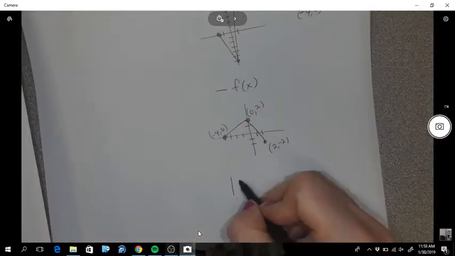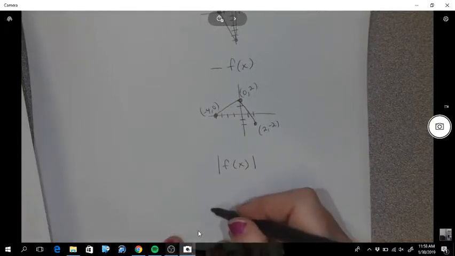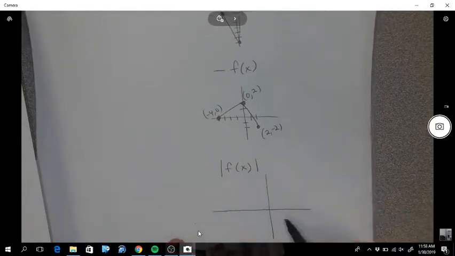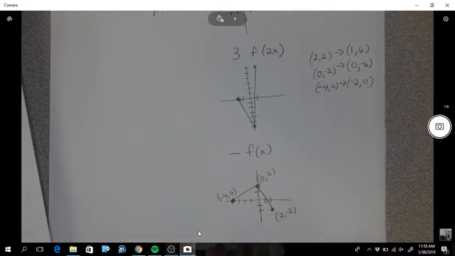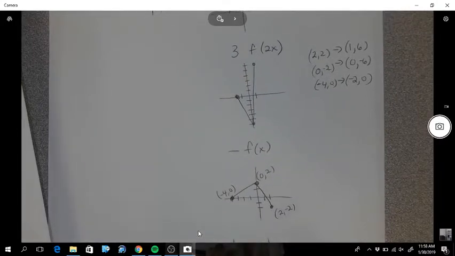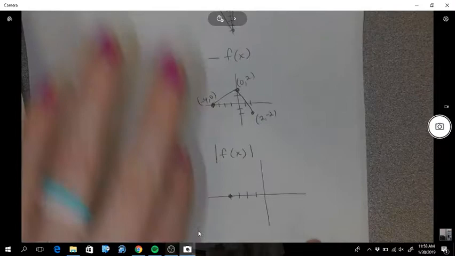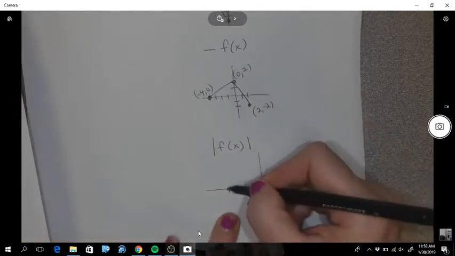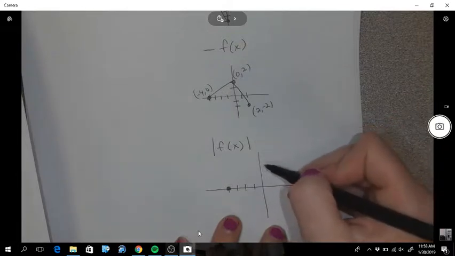And the last graph we'll do is the absolute value of f(x). Where the graph is positive, leave it positive, and where it's negative, reflect it. So the zero height does not change, so that's an invariant point.